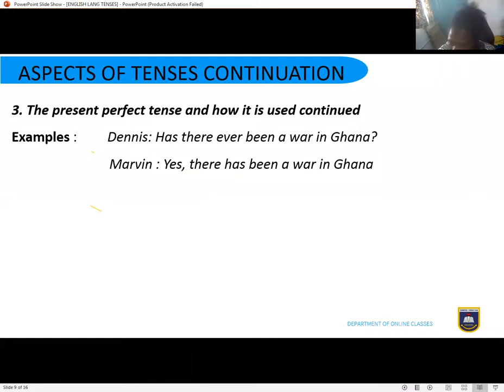So if there has ever been a war in Ghana, then Marvin would reply to Dennis that yes, there has been a war in Ghana. But if there has not been any war in Ghana, then the answer will not be an affirmative answer. It will be a different answer.